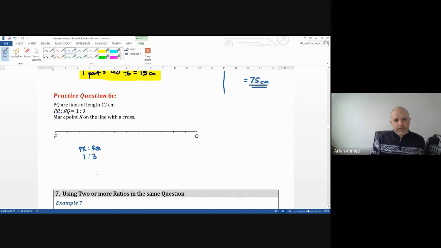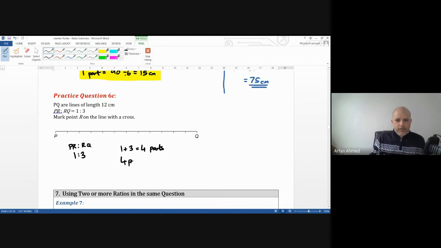Let's see, what's the best way of showing you? So obviously, if 12 is the total amount, from P to Q, we can add our ratio. Let me rewrite this in this pen. 1 to 3, P to R, R to Q. So the total is 4 parts.